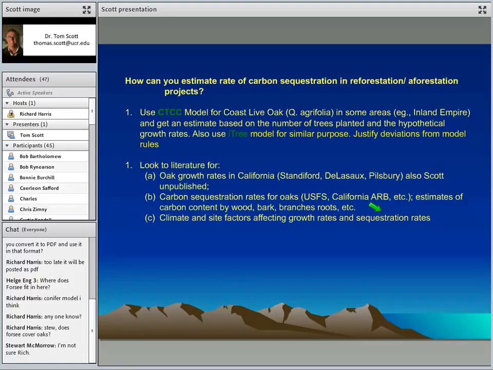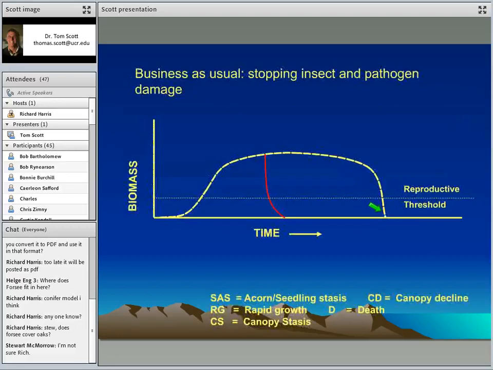Then you probably have to go back and figure out where you are, and there are some things you can use in the way of climate, so that you don't try to use data taken out of a really wet system in San Luis Obispo County and apply that to oak trees on the margin of the desert in San Diego County. So anyway, we're not giving you a lot in that regard, but I think this is at least an area where you can get some information.